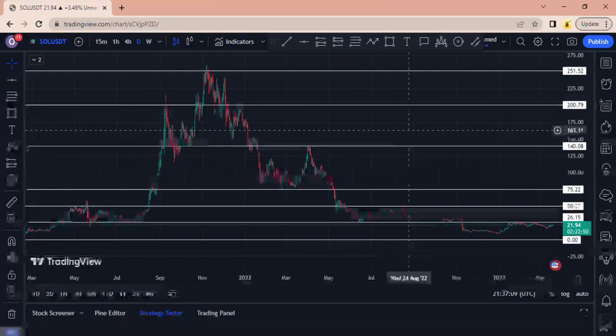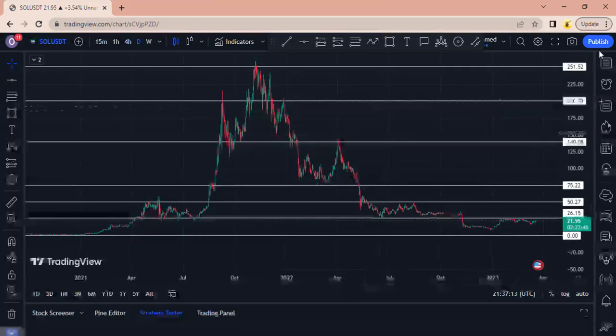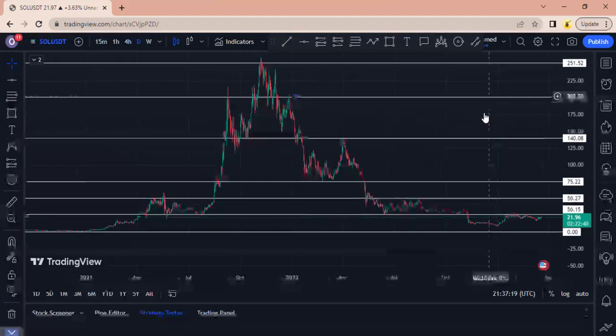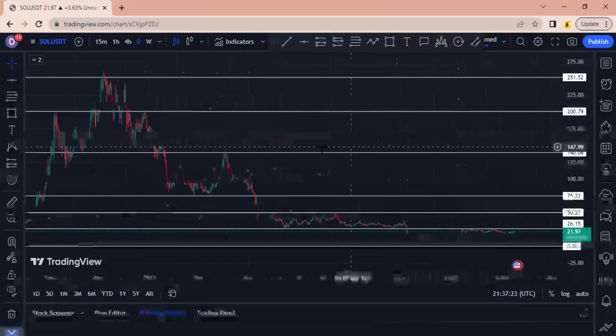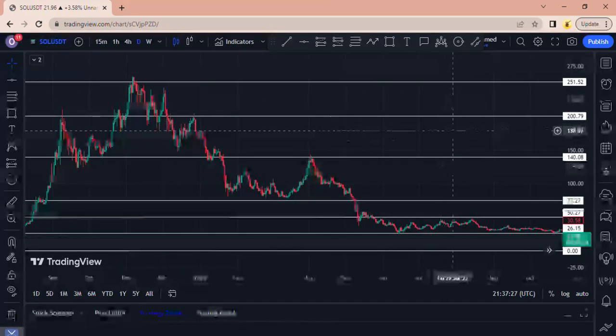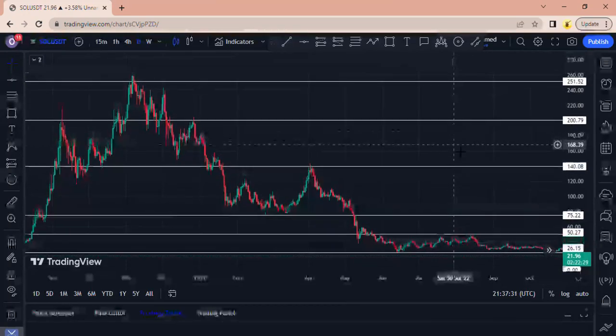Okay, so I can clearly see a downtrend. If you're having a downtrend, that means you can put a trend line to the trend, right?